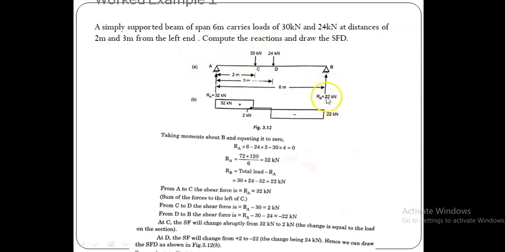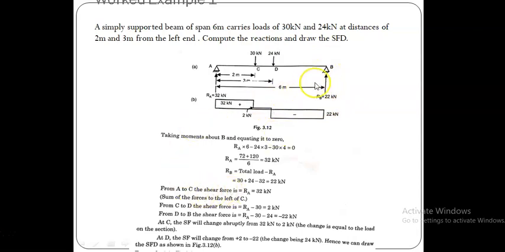So once we know the load shared by support A, let it be RA equal to 32, the total load is 54, the remaining load must be shared by support B. So 54 minus 32, that is 22 kilonewton, is nothing but the reactive force at support B. Like that we can find.